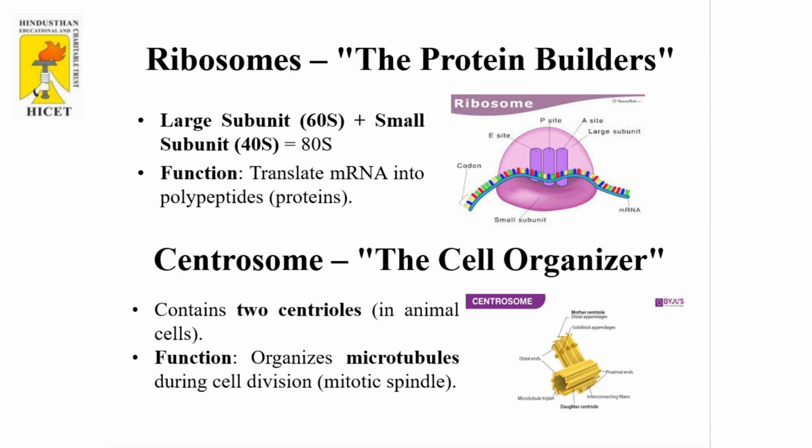The major protein synthesis takes place in the ribosomes. The next one is the centrosome, which is a cell organizer majorly involved in cell division. It contains two centrioles and organizes microtubules during cell division, that is during the mitosis phase, which is the division of the cell.